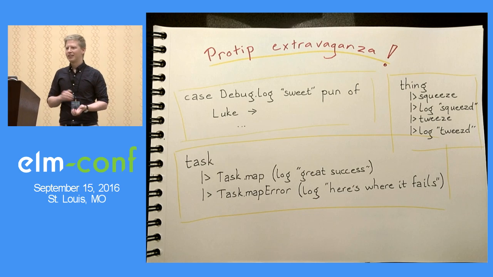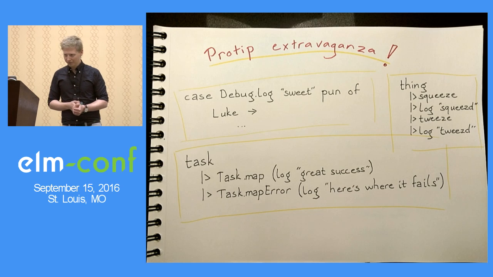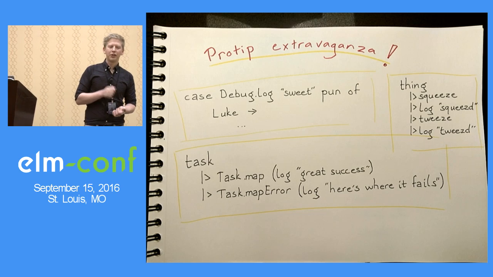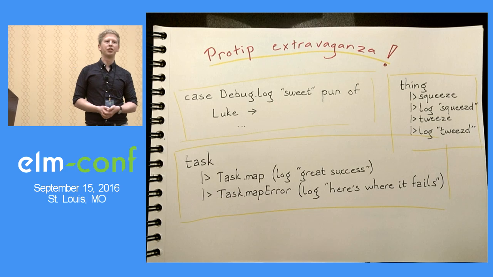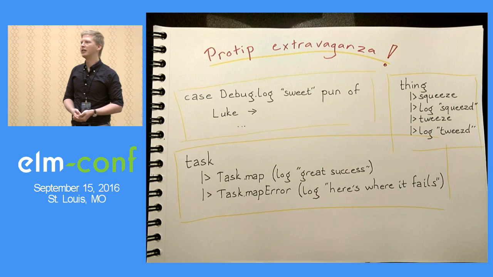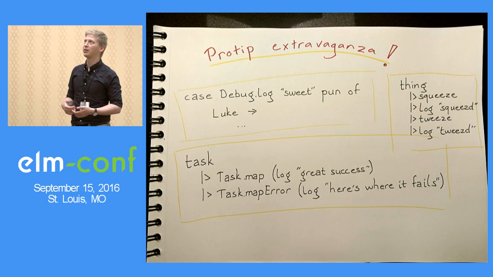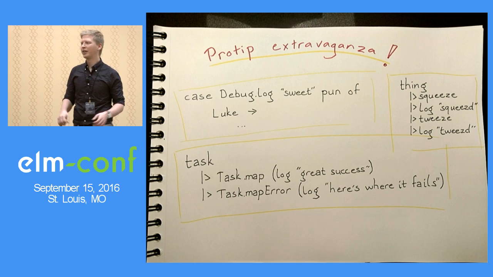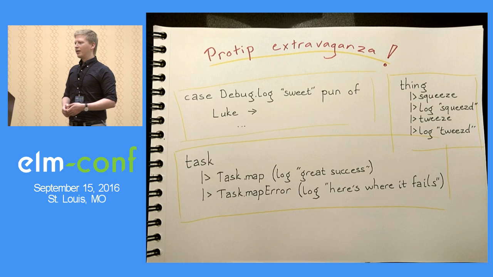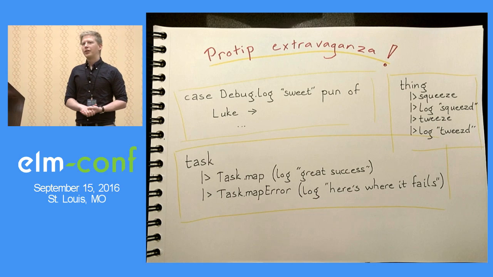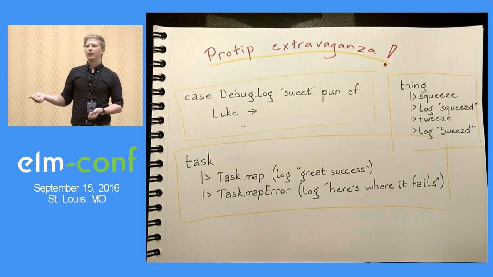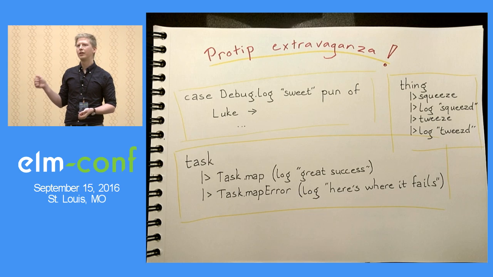And the second one, when you're dealing with tasks, which you nowadays usually only use when you need some sequential events or sequential commands, kind of. You can debug log both of the possible routes, like if it's a success or a failure.